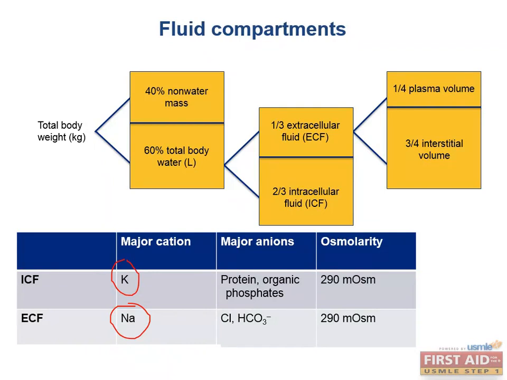So the ECF and ICF also have different anions. In the ICF, it's mostly protein and organic phosphates. Remember that the majority of the body's proteins and ATP are inside the cells. In the ECF, it's chloride and bicarbonate.